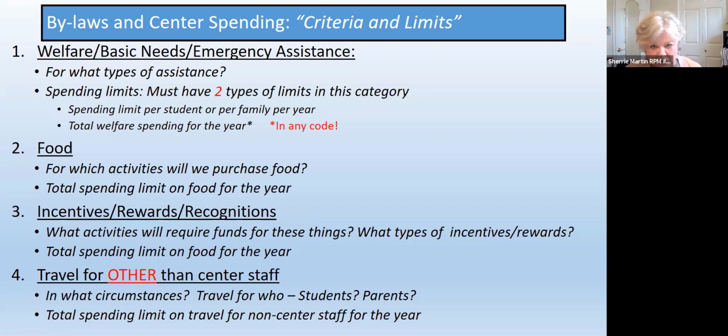So food pantries are closed. You are it. So you go out and you purchase some food for them. It might be out of your welfare code. It's still food. So it's a little tricky. So your RPM can always help you with those kinds of things. But it is spending for those things in whatever code it happens to be in. Next slide, please.